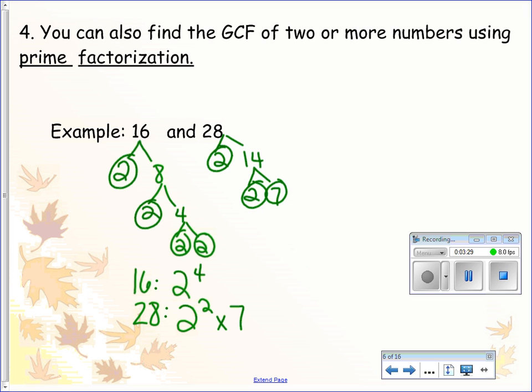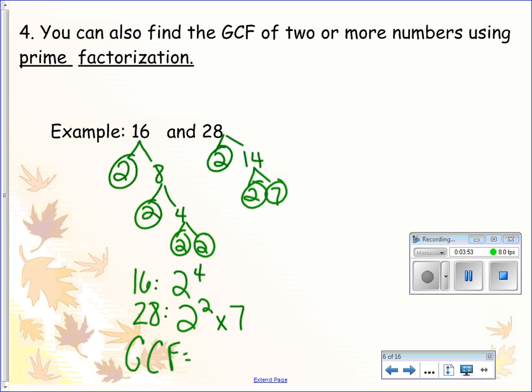Now, in determining the greatest common factor, it has to be a factor in each one. It has to be a factor in 16, and it also has to be a factor in 28. So let's look at our factors. We have 2 to the 4th for 16 and 2 to the 2nd for 28.